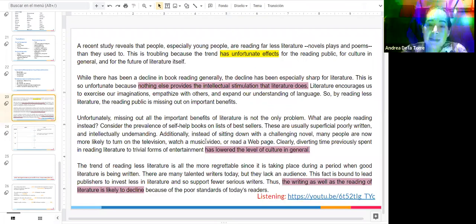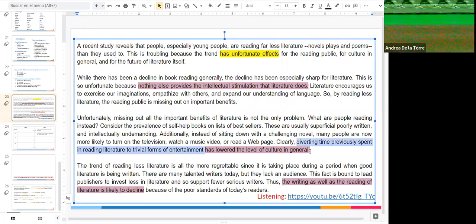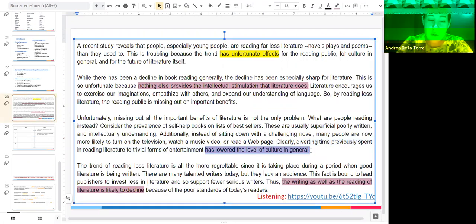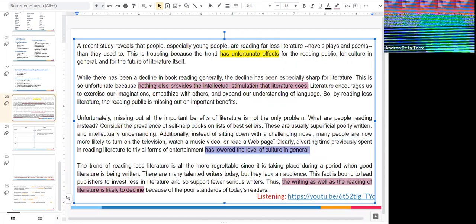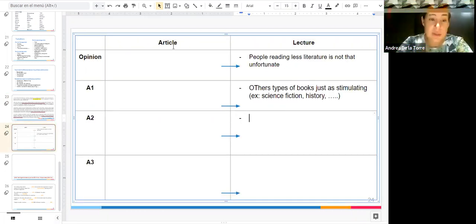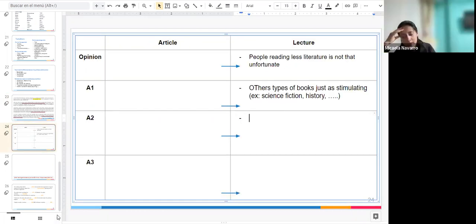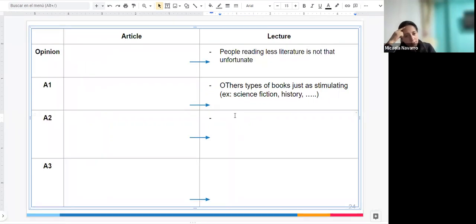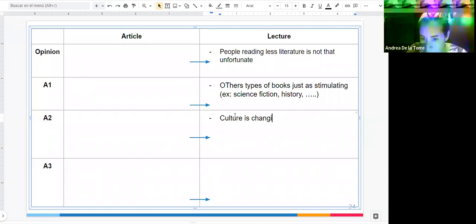Now, what about the second reason? How does the author respond to this? So how does the author feel about, is it actually true that the level of culture is declining? What does she say about this? The culture is changing and is more than literature. Exactly.